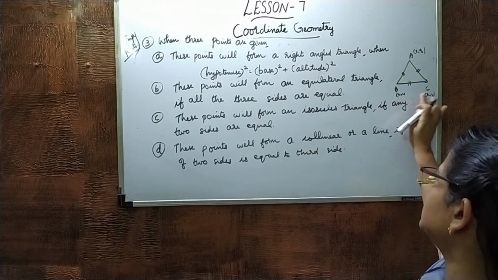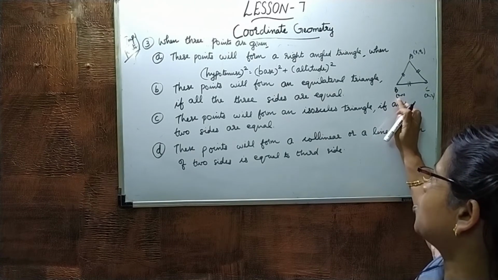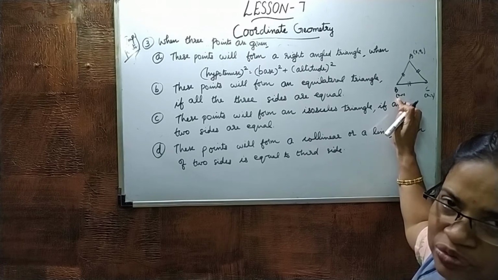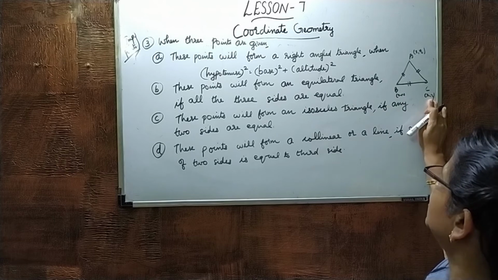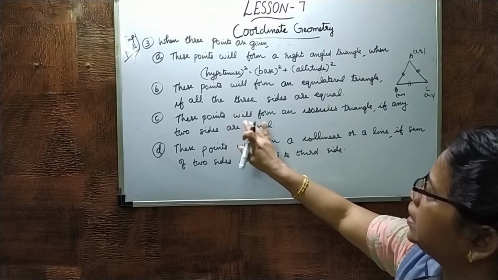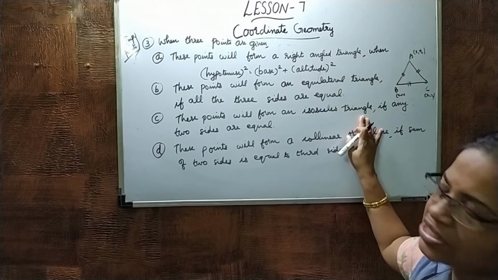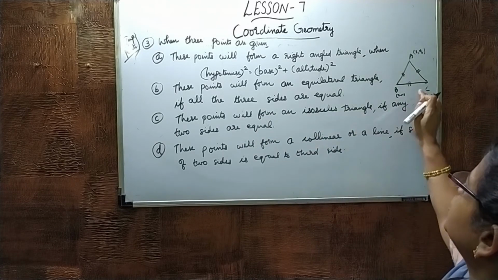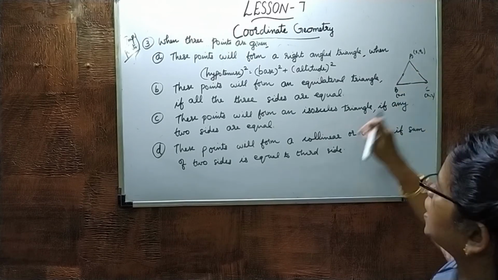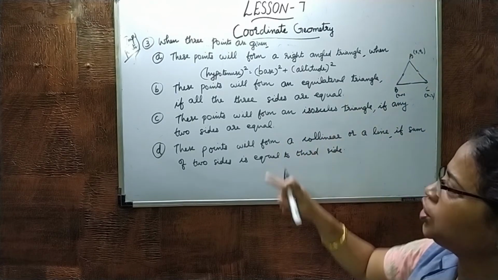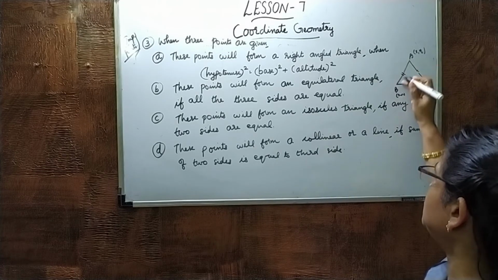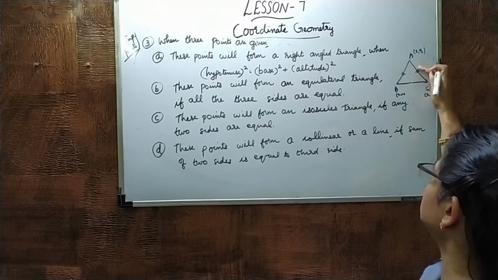Now look, suppose BC, they will give you the coordinates, you have to find x2, x1, y1, here it will be x2, y2, just apply the distance formula and you will get the answer. Now the third one, these points will form an isosceles triangle, that also you know. For an isosceles triangle, any 2 sides will be equal, that means the distance between AB will be equal to the distance between AC.